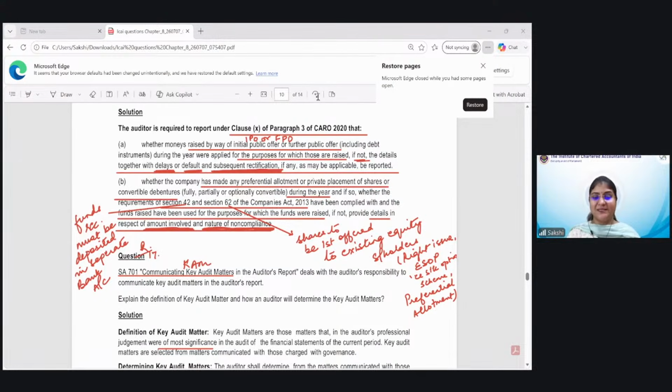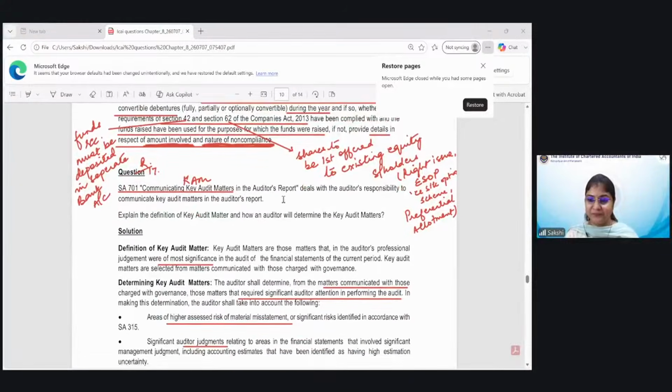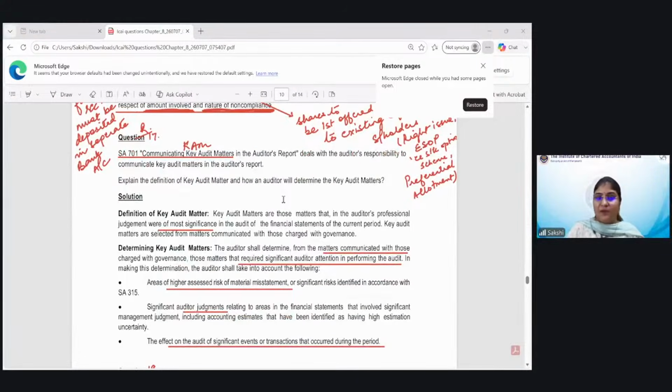Okay, next. Read this question and see if you are able to answer. SA 701, Communicating key audit matters in the auditor's report, deals with the auditor's responsibility to communicate key audit matters in the audit report. Explain the definition, what is a key audit matter and how the auditor will determine the key audit matter.